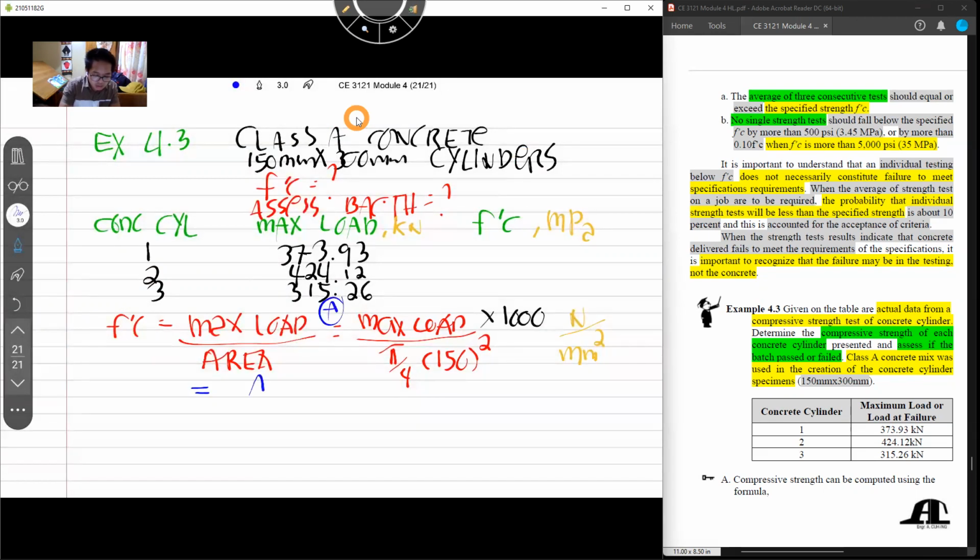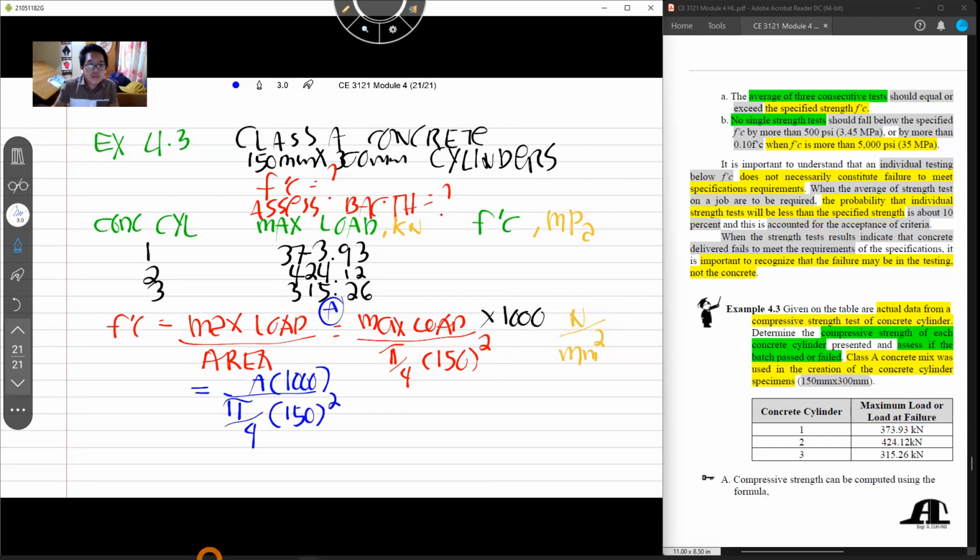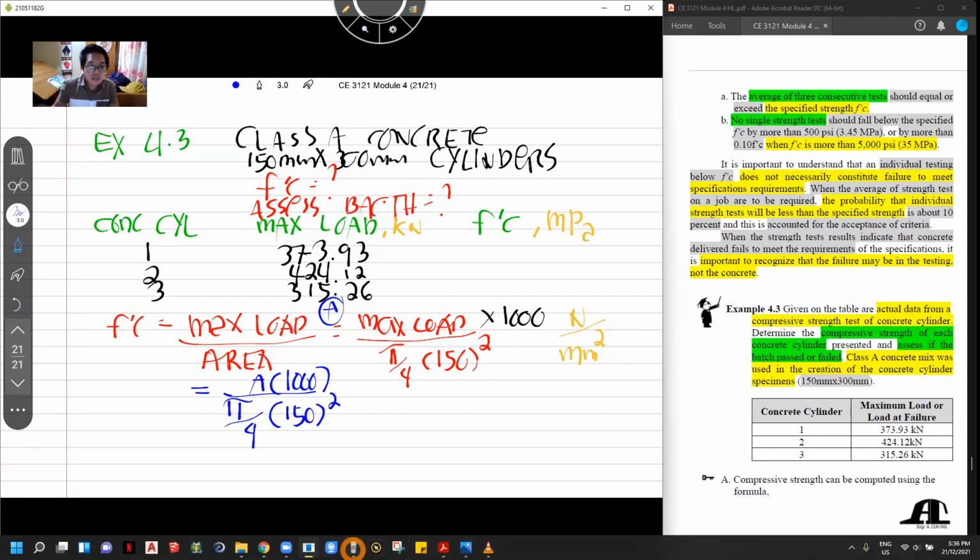So, yung A all over yung 1,000 times 1,000 times 1,000 kasi kinonvert natin yung kilonewton to newton, di ba? Times pi over 4 tapos yung 150 squared. Ito yung working equation natin, class. So, yan na ipapasok natin dito.